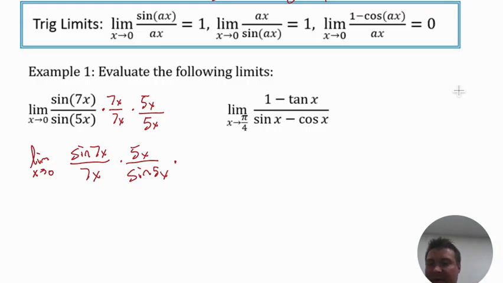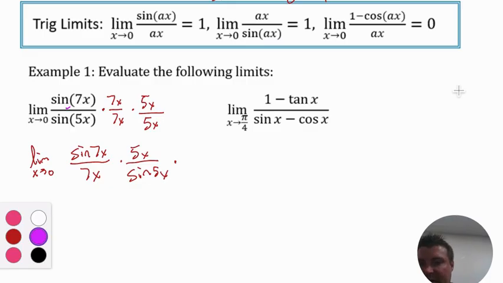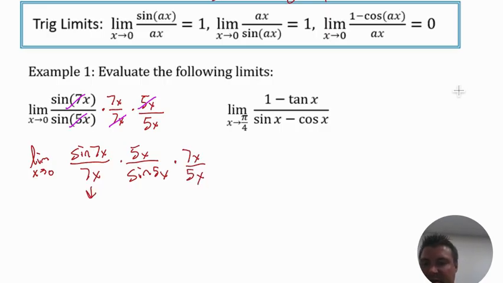Use the sine of 7x, use the 7x on the bottom, use the sine of 5x, use the 5x on top. That's leaving me with a remainder here of 7x over 5x. So the first factor here is going to equal 1. The second one's going to equal 1. And then the x's cancel out, leaving me with 7/5, having a final answer here of 7/5.